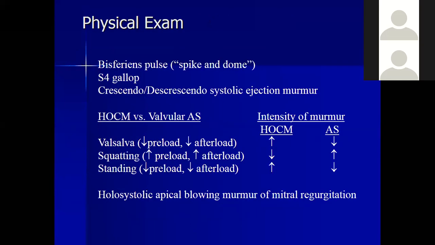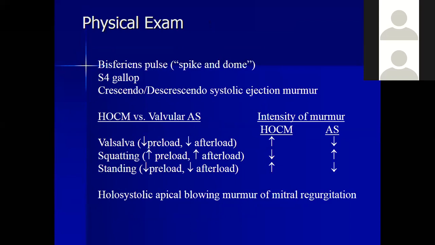Regarding the findings, they can have a crescendo-decrescendo systolic ejection murmur, an S4 gallop, and a pulse difference. That means they have a weak and a strong pulse. So there are some physical findings you will use when you come into clinical rotation to differentiate from valvular AS. As I told you, increased preload is better for these kinds of patients.